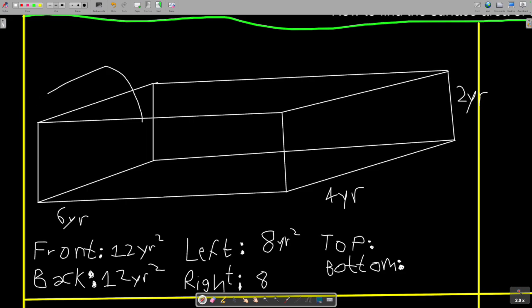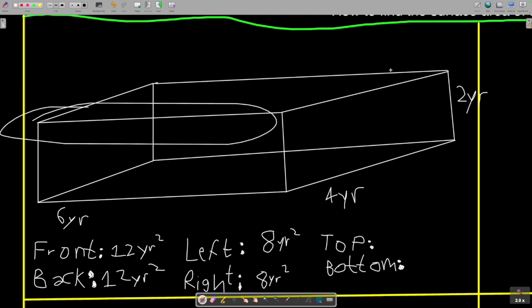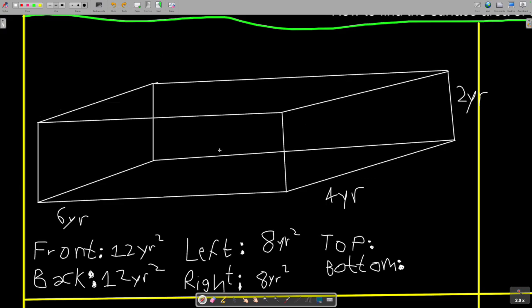Then the top is 6 times 4, which is 24 square yards, and the bottom is also 24 square yards.